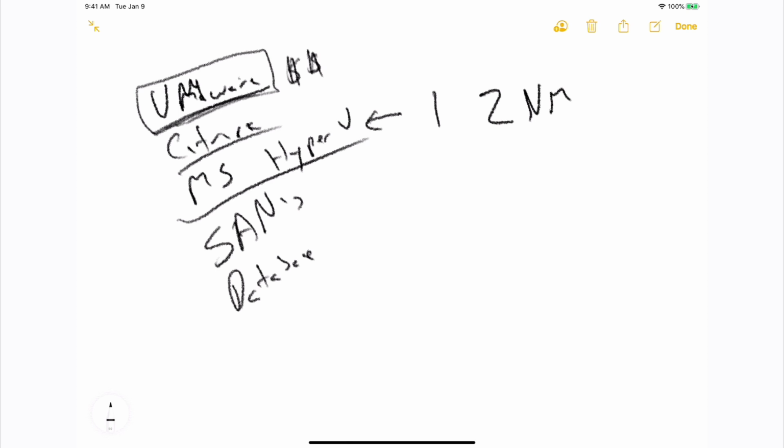You can put rules in for basically how much load you want on each physical machine. So if the load on a physical machine goes above 80%, let's say the CPU load, then I want to auto migrate an instance of one of the servers that's running on that particular physical machine to a different physical machine, right? That's one of the things that you need to be thinking about.